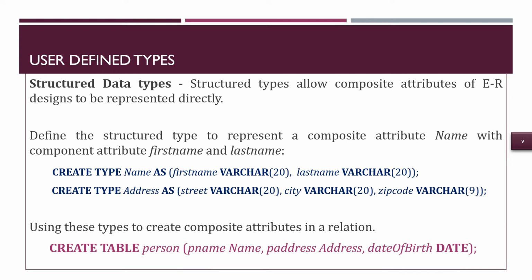The second attribute p address has the newly created structured data type address, which consists of three component attributes street, city and zip code. The third attribute is date of birth with the data type date. So instead of specifying the street, city and zip code, we can give the structured data type address. So address and name are the new user defined data types.